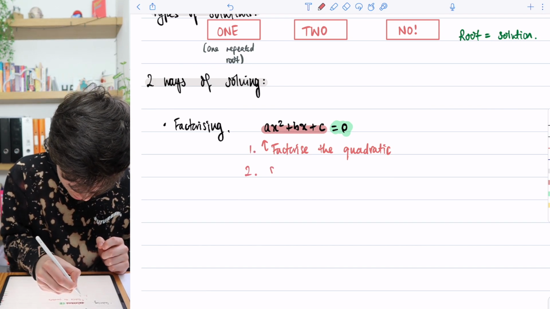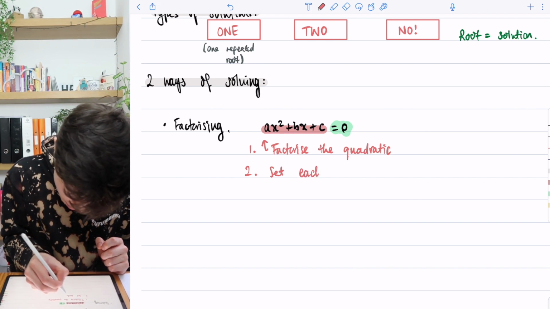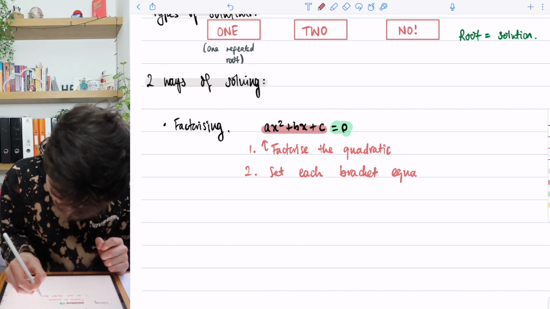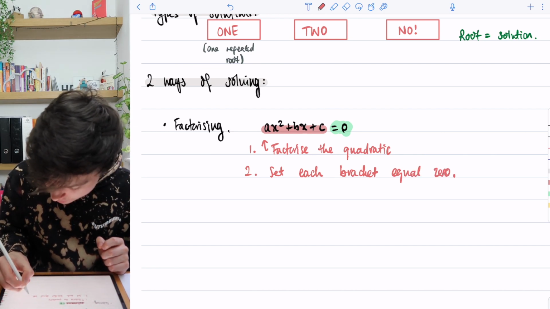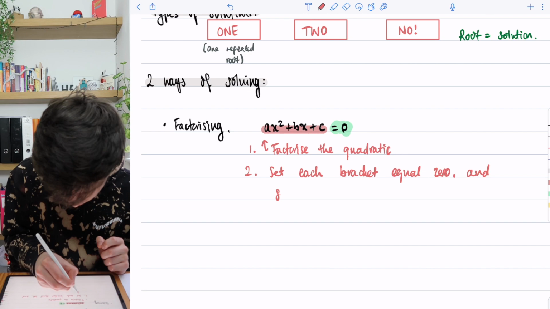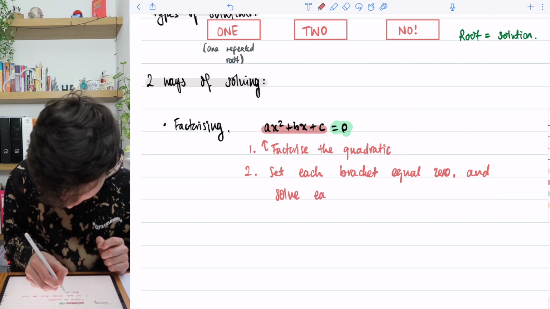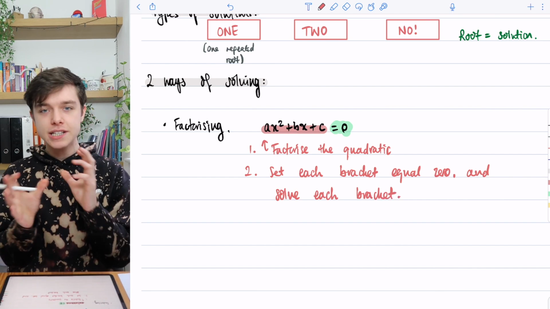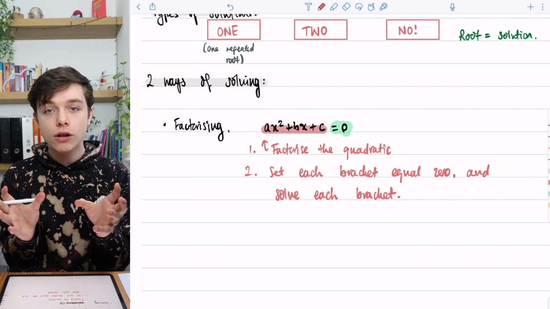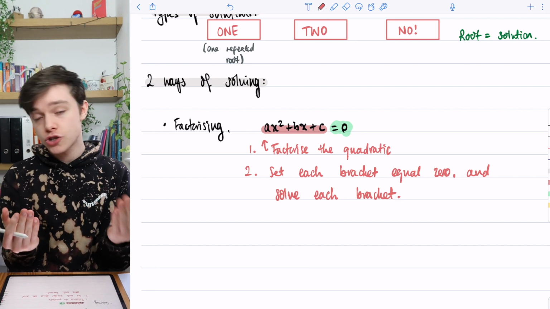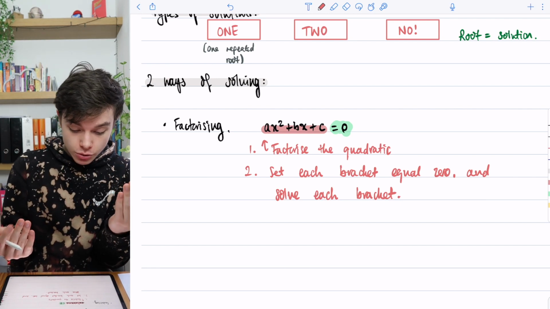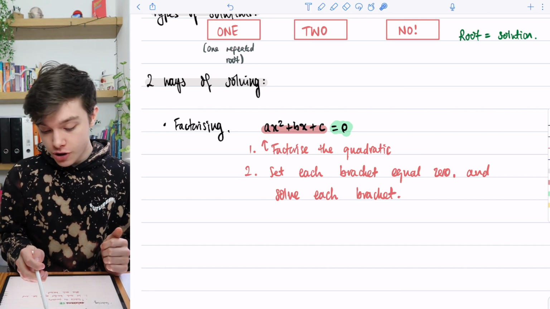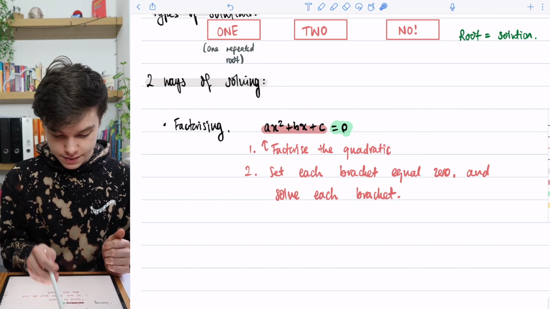Part 2, we want to set each bracket equal to 0, because that's what the right hand side is, and solve each bracket. Okay, so we'll have an x term in each bracket. We're going to set each bracket equal to 0 and then just solve each bracket. And then we'll get our two solutions, or we might get one solution, and our one solution might be repeated, and also we'll have no solutions in some cases.